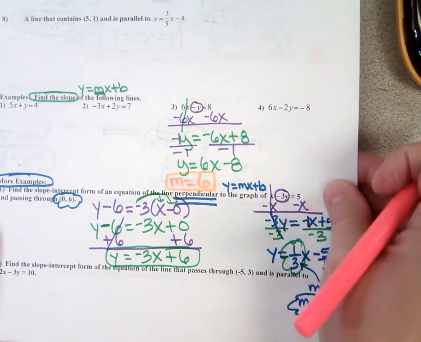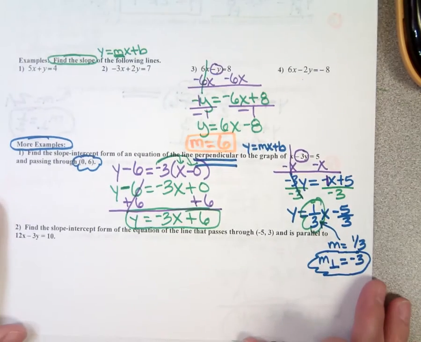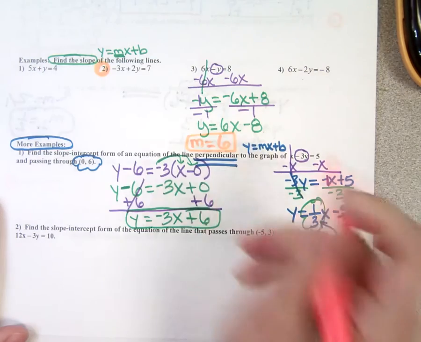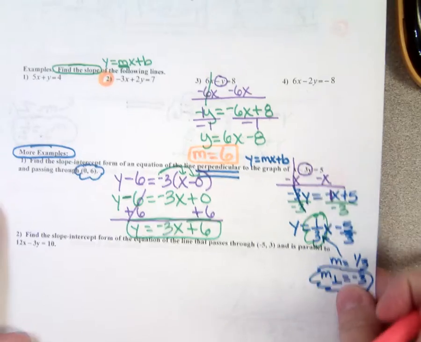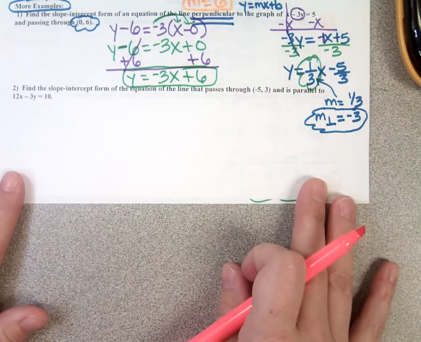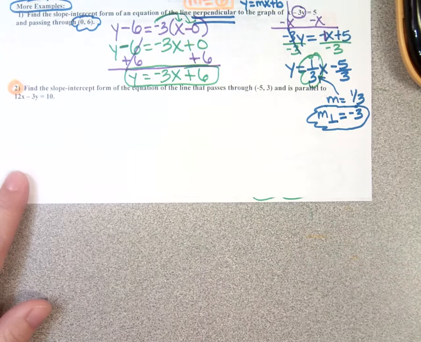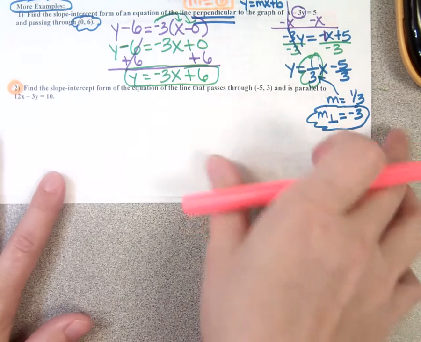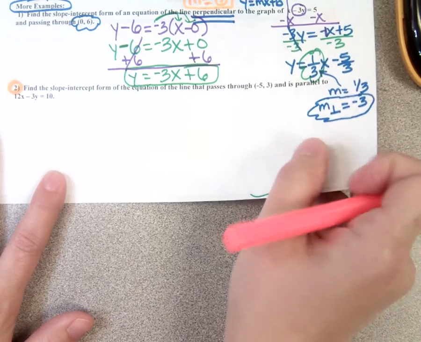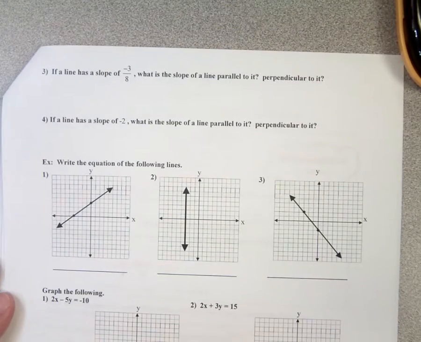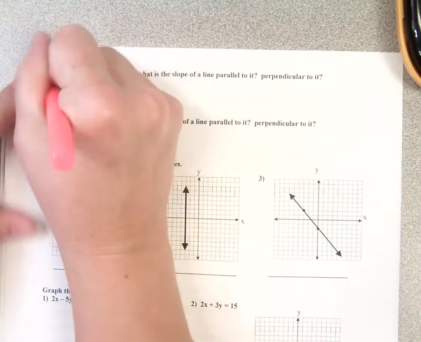And I want you to do, in this section where we were finding the slope, why don't you go ahead and do the number 2 there. And then on the bottom of this page, I want you to do this number 2. Okay, let's flip the page. On this page, I want you to do number 3 and number 4.